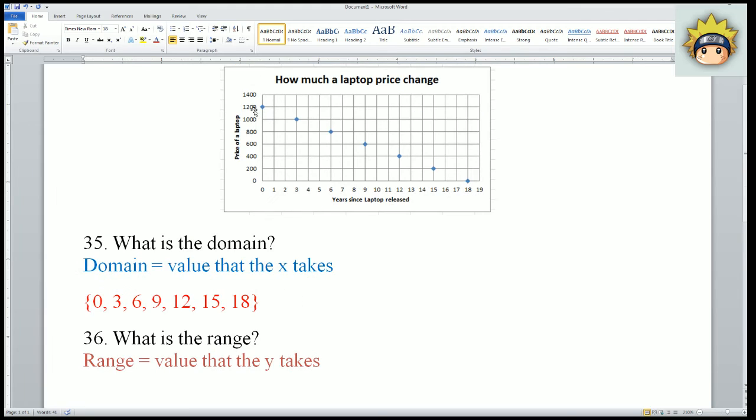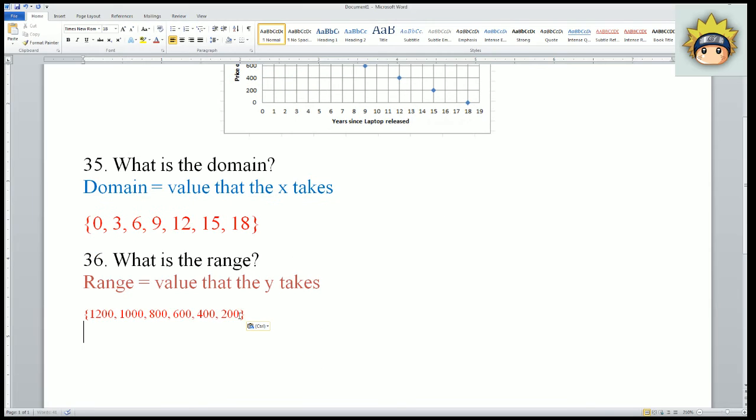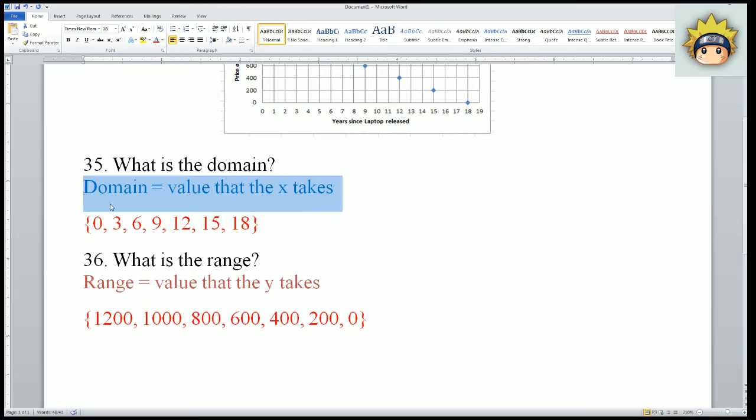It looks like it took the values of 1,200, 1,000, 800, 600, 400, 200, and 0. I put that for you right there. Here's your list. That is how you generate the domain and range.